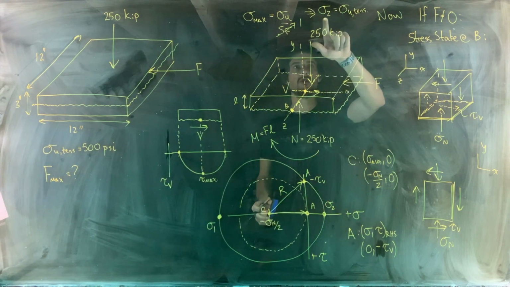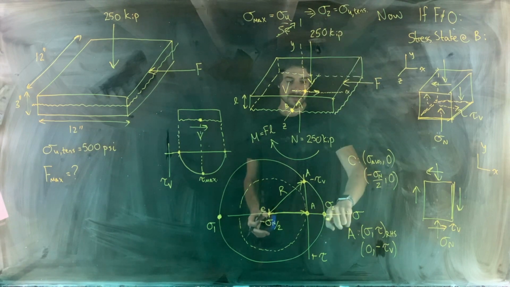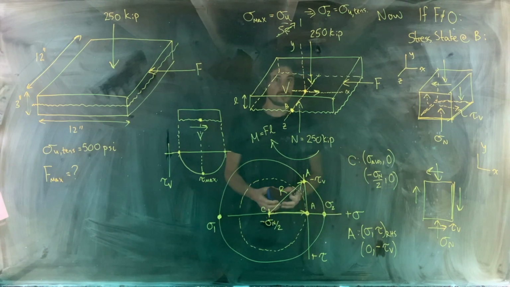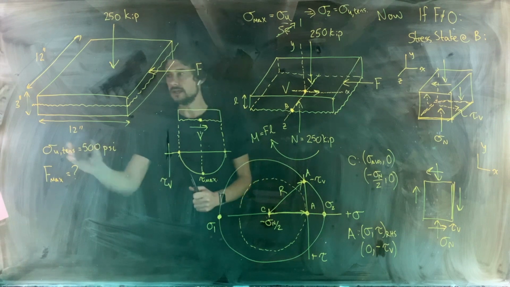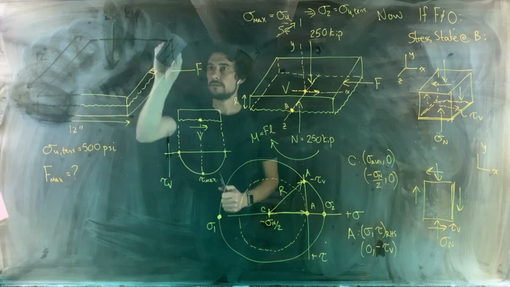So all that we need to do to answer the problem is we need to figure out what sigma 2 is, right? Okay, so we can do that fairly easily. We'll erase this to give us some more space over here.